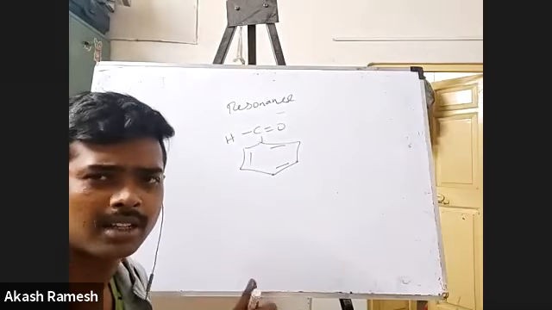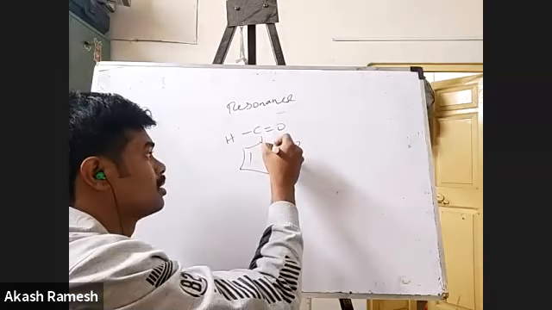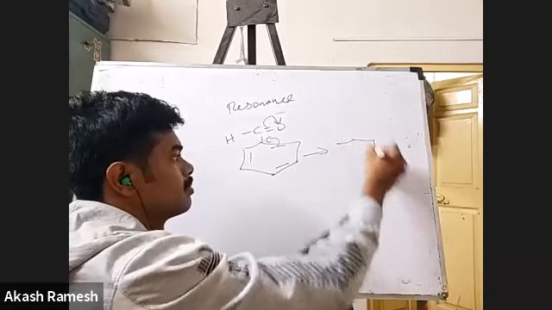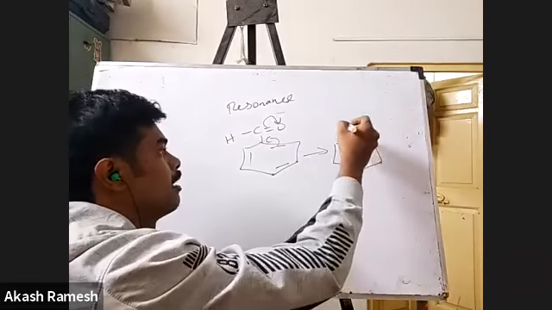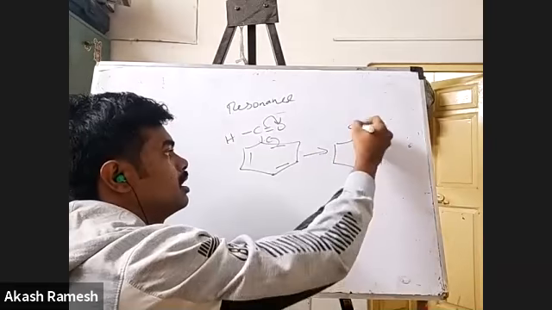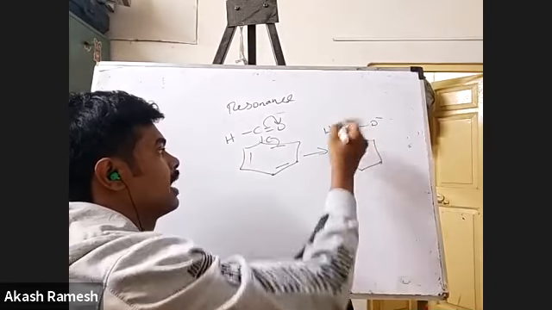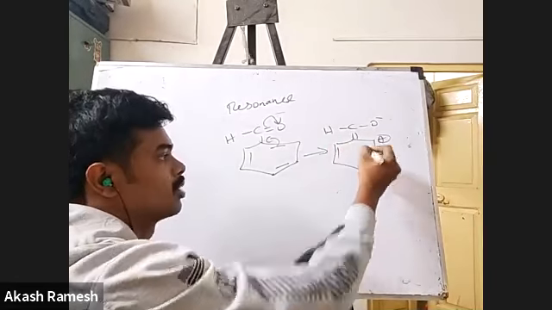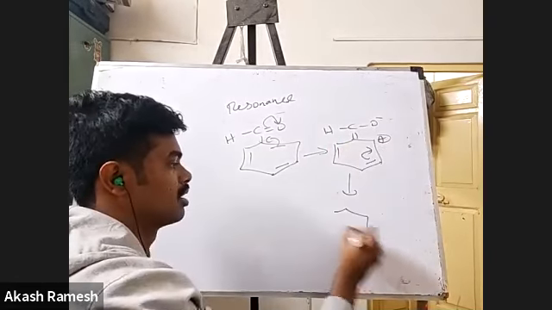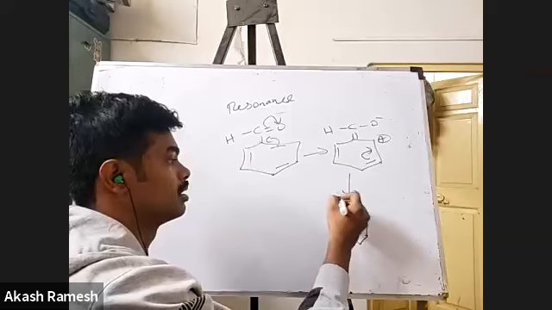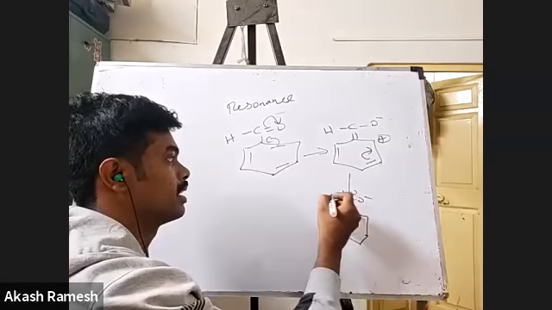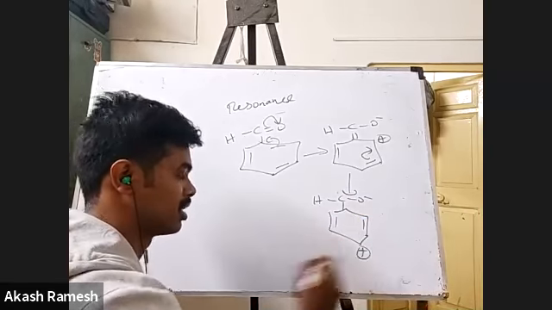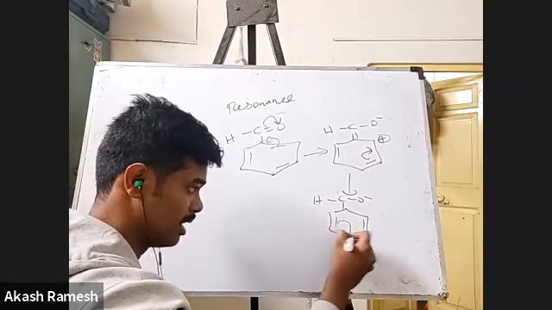It's going to be exactly similar to the previous case. So you will start from here and break this bond. You will have double bond C O minus and an H, and you will form a positive charge, and this will come. The next structure will be C O minus and an H. Now there'll be a bond here, a positive charge here, and this bond here, and this will come.